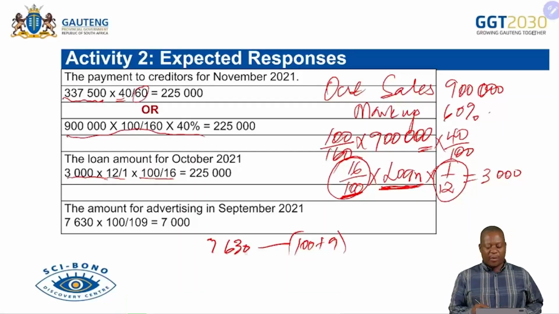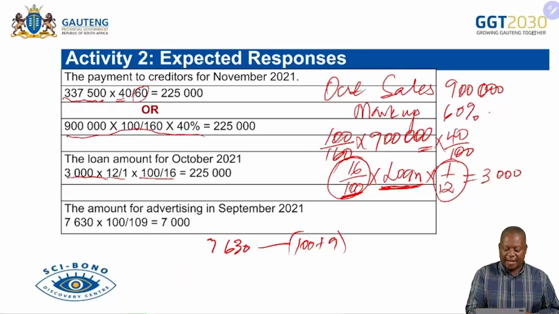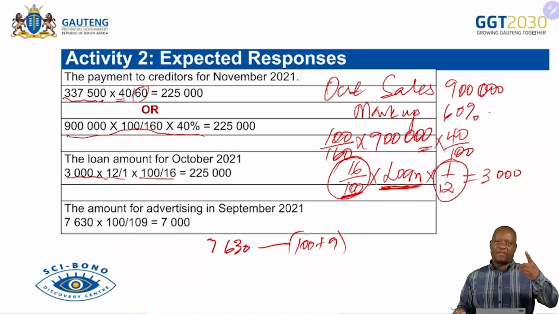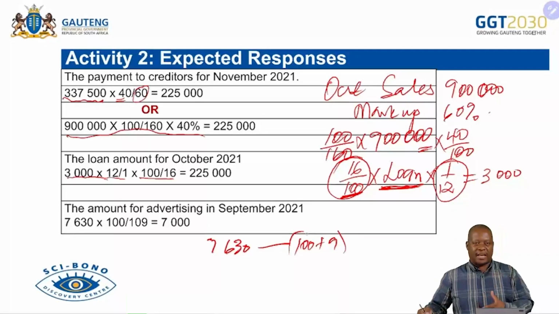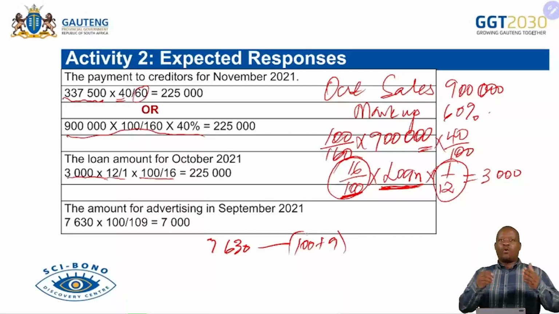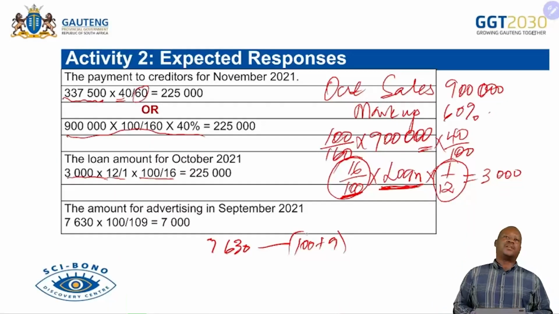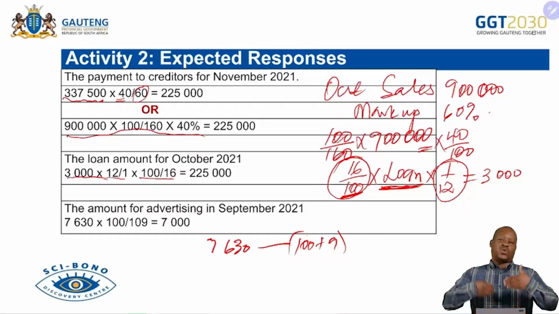So what are we looking for? We are looking for the 100%. That was before adding interest. We are given 109%, which is 7,630. We are looking for 100. What we are looking for goes on top.